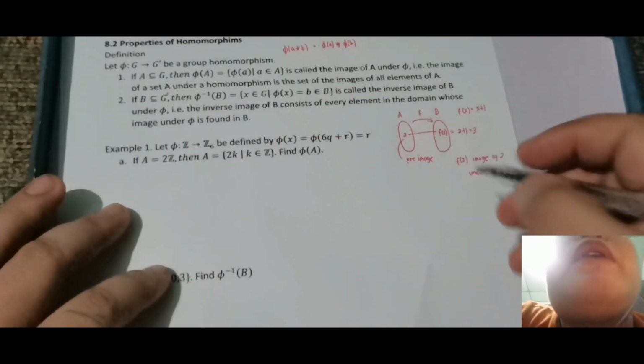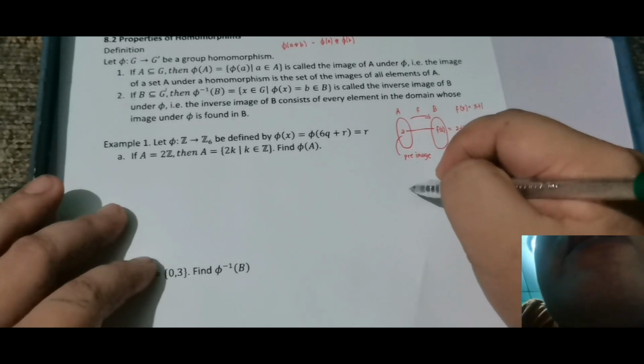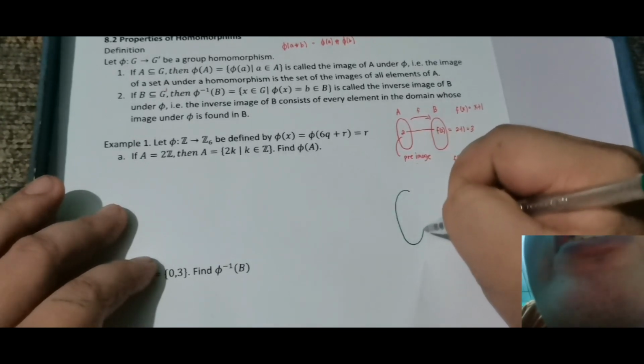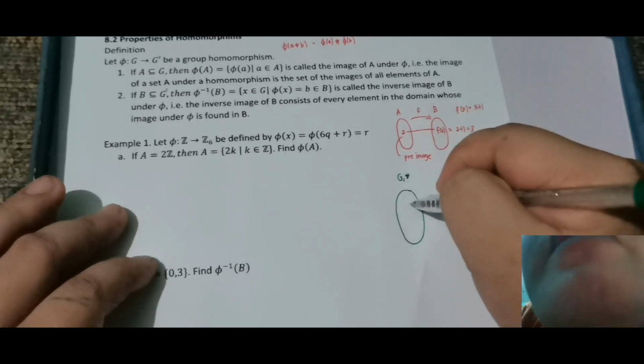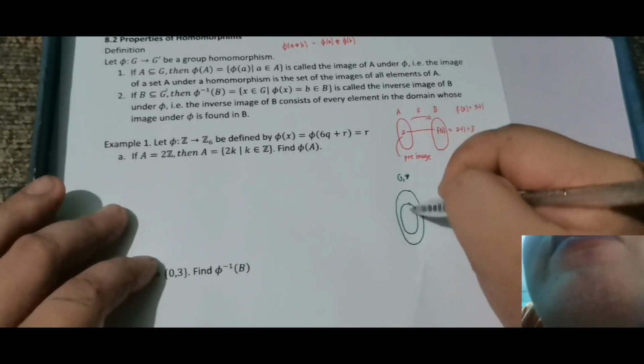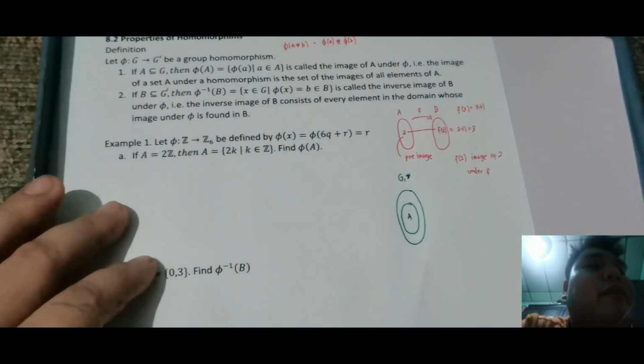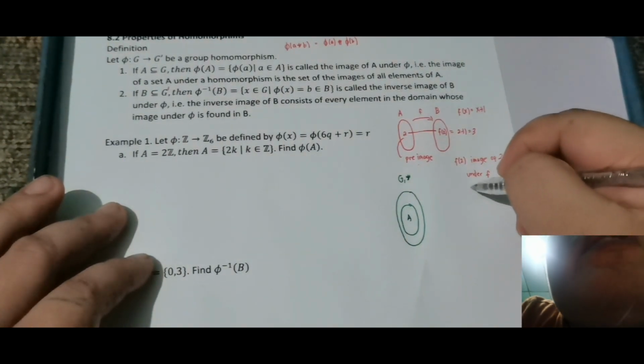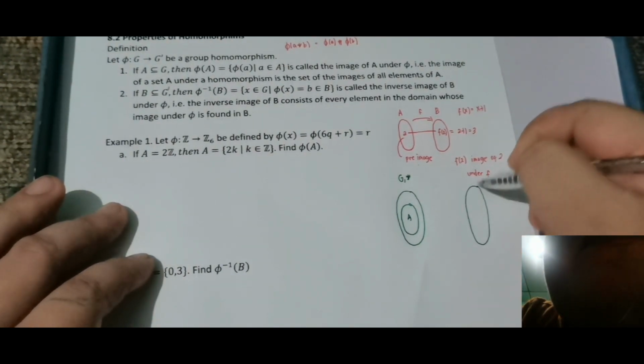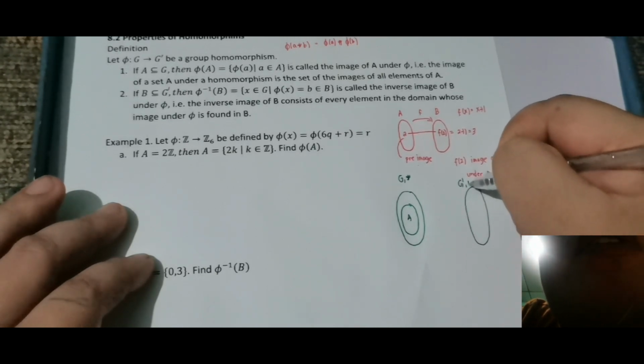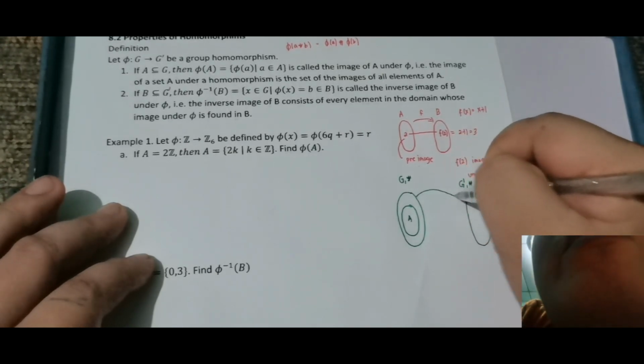Okay, so ano naman yung sinasabi ng topic na to? Let's say meron tayong G, asterisk, and may subset A daw. Dito meron tayong mga elements. Ito naman si G prime, sharp. Ito yung ating homomorphism.